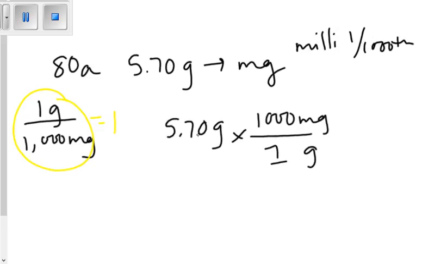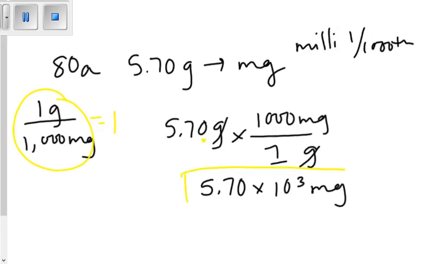So when I multiply this through, grams are going to cancel, and I'm going to get 5.7 times 1,000 milligrams, which in scientific notation, I could just write 5.7 times 10 to the 3rd. I guess for significant digits, I can add that 0 in there, because that 0 is significant, since it's to the right of the 7 after the decimal. And that would be your answer.